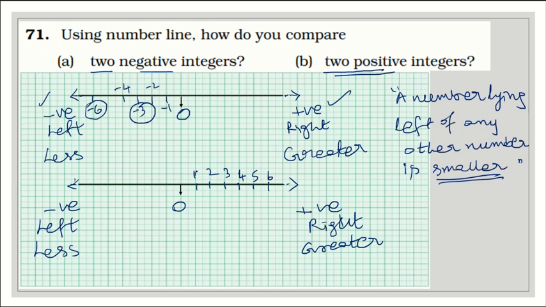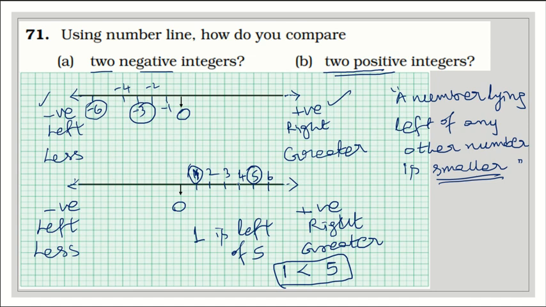If I am comparing 1 with 5, 1 is left of 5. So the moment I say 1 is left of 5, 1 is less than 5. This is how we compare two positive integers.